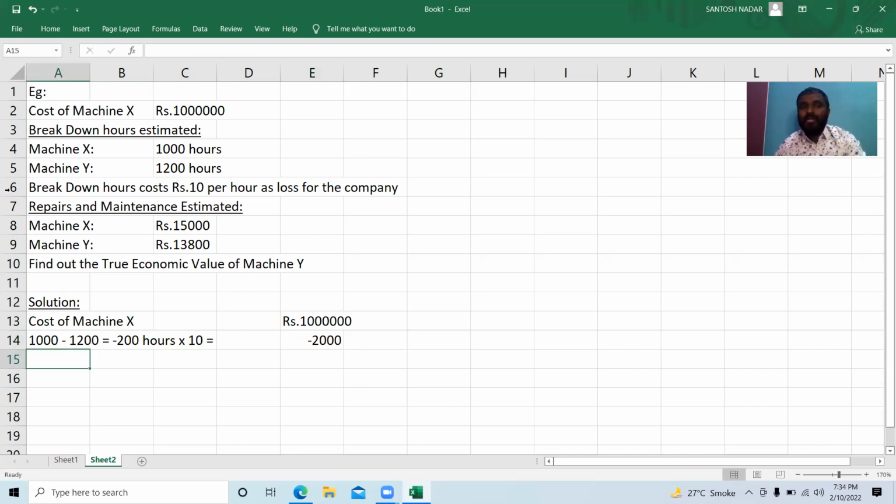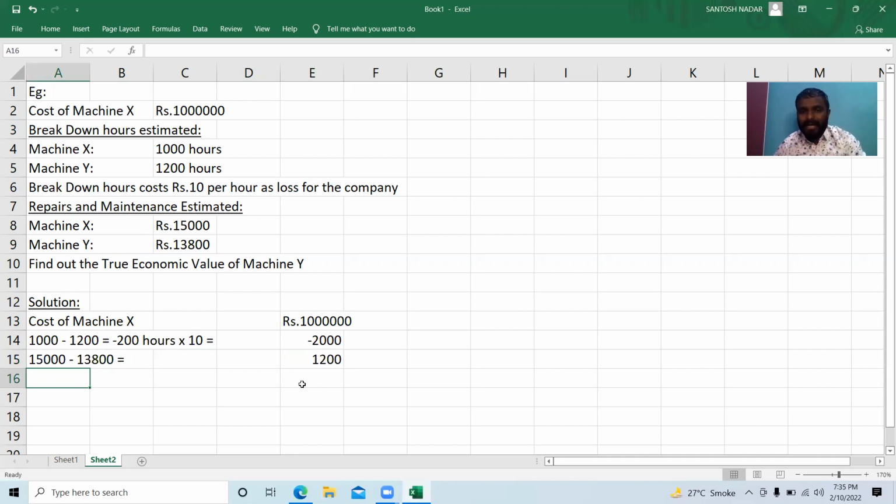Let us talk about the repairs and maintenance. Machine X is going to incur repairs and maintenance of 15,000, whereas machine Y is going to incur a repairs and maintenance cost of 13,800. That means I am going to save 1,200 rupees for the customer. So I will charge this much to the customer.